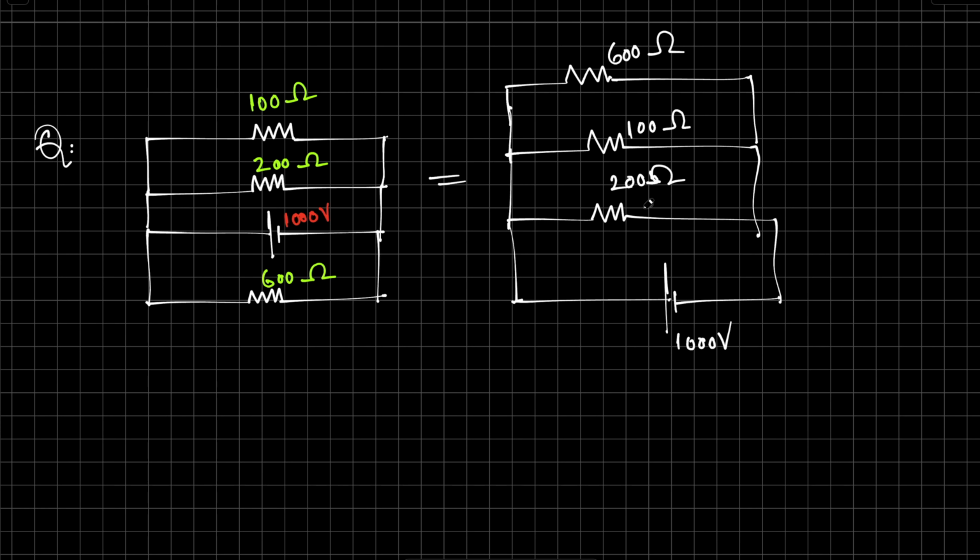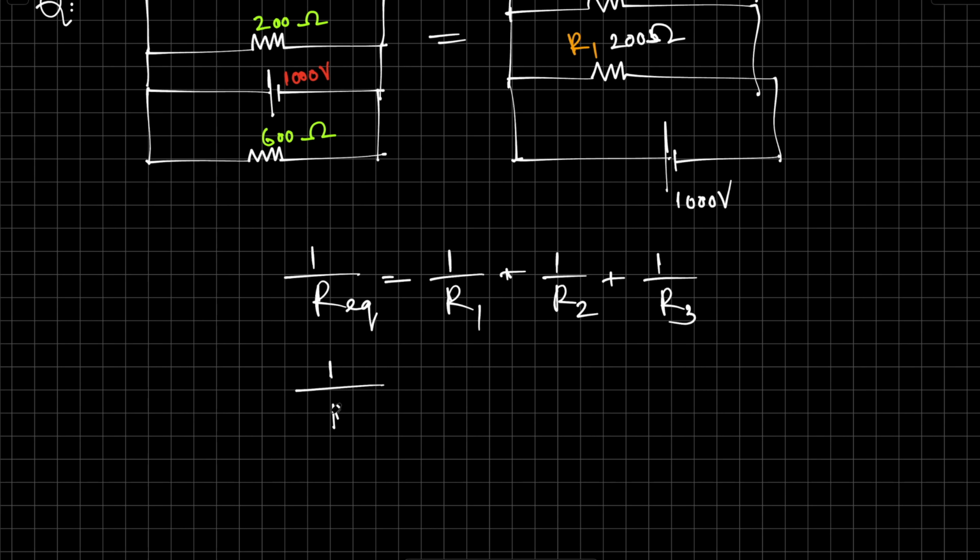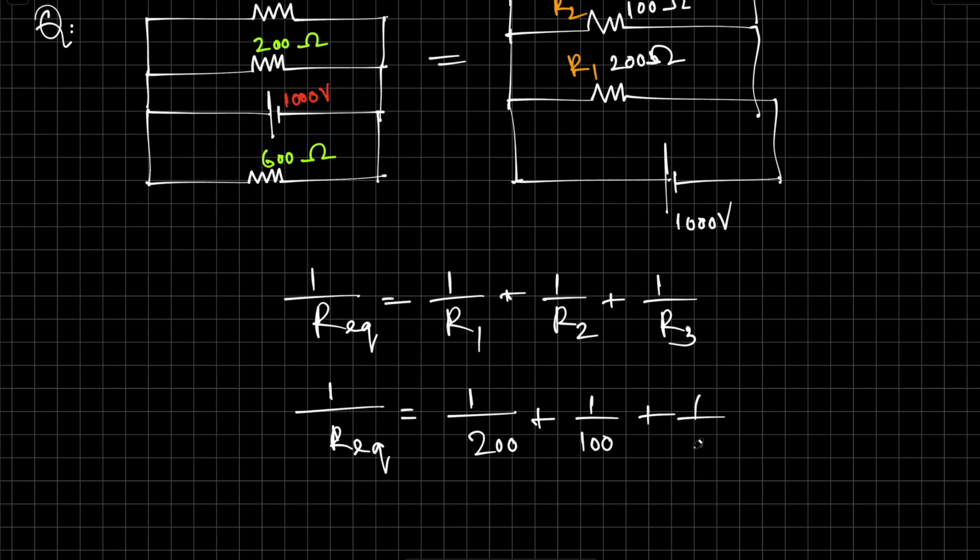Okay. Now these three resistors are connected in parallel. Let's call them R1, R2, and R3. Equation for equivalent resistance of a parallel circuit is 1 over Req equals 1 over R1 plus 1 over R2 plus 1 over R3. 1 over Req equals 1 over 200 plus 1 over 100 plus 1 over 600.